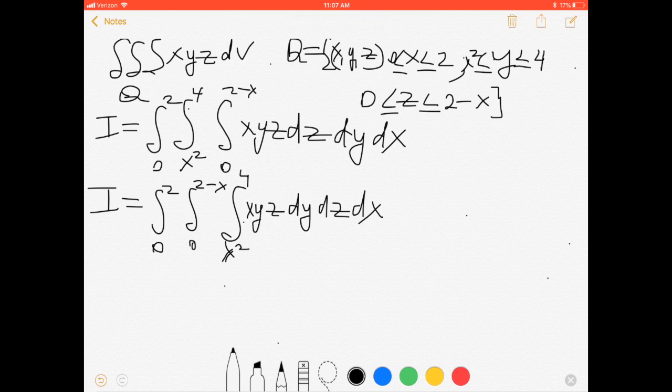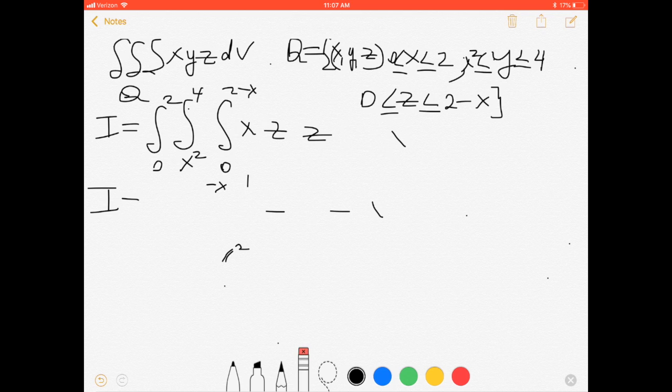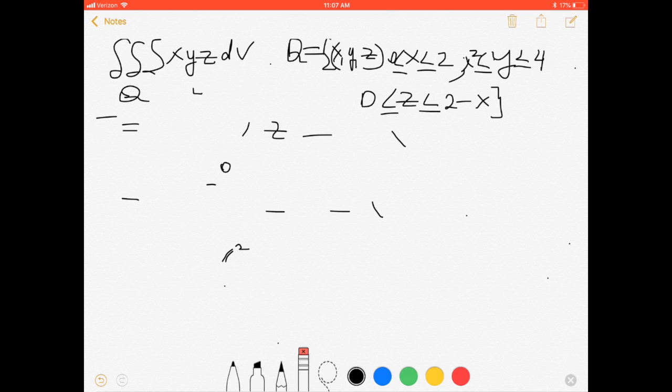Okay, and both of these are the same integral. How can we change to a different order? For this example it's not so important, but sometimes taking the integral with respect to one variable is easier than another. We can use this fact and change the order.